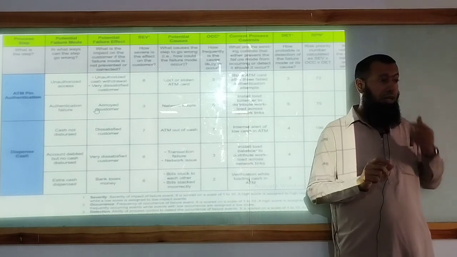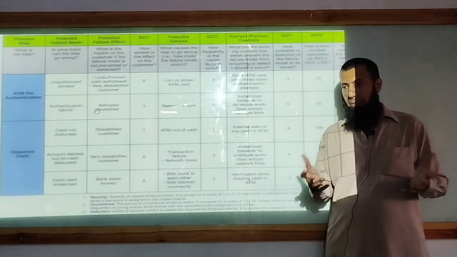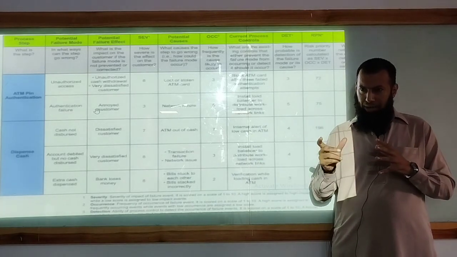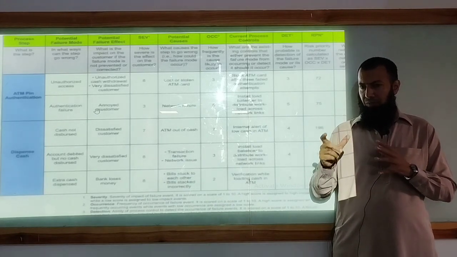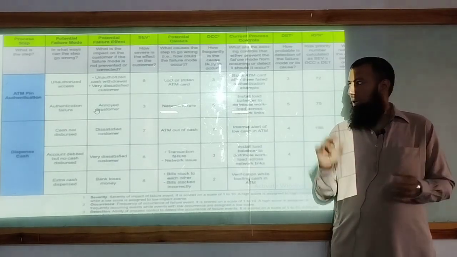Most importantly, what is the magnitude of the effect they are creating. Because with limited resources, you only tackle the risks and problems which have the high priority, which have the high magnitude. Okay?